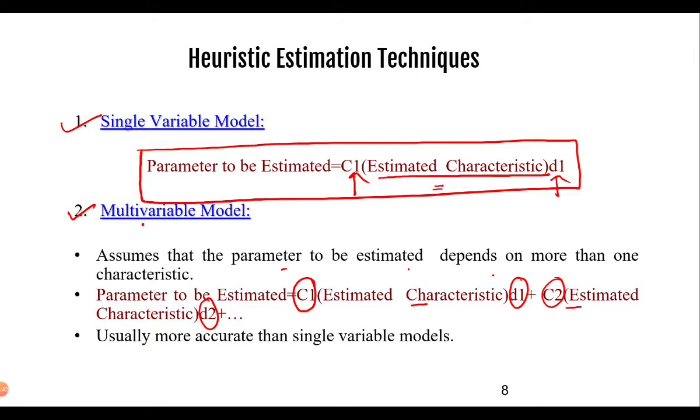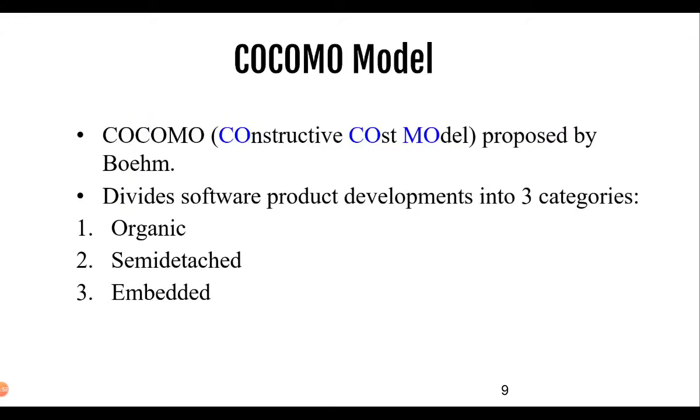So in order to meet that requirement, we have to use a multivariable model. Now we have to understand that this heuristic estimation technique is strictly mathematical and it follows a proper method for implementation. Talking about the heuristic models, we will talk about the first one, which is known as the COCOMO model.